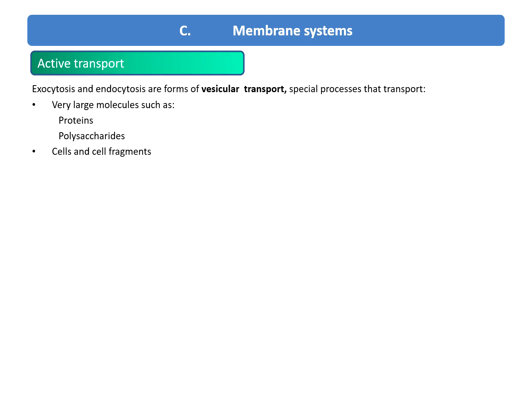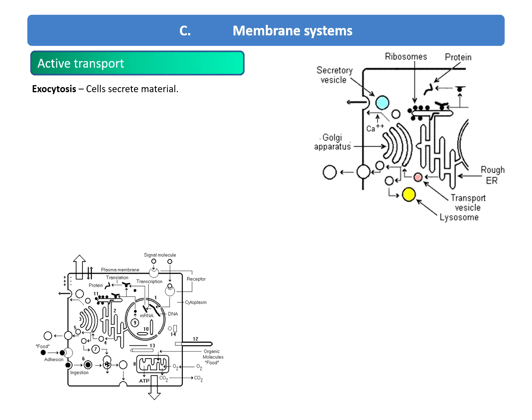Endocytosis and exocytosis, both forms of vesicular transport, are special processes that transport very large molecules like proteins or polysaccharides and entire cells and cell fragments. Let's look at exocytosis. This is how cells secrete materials.